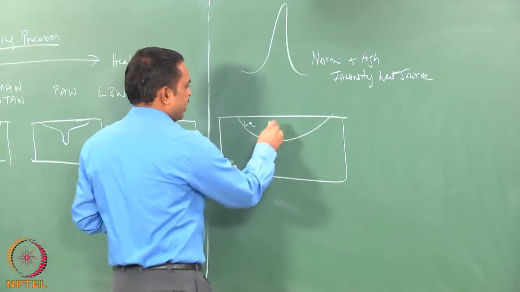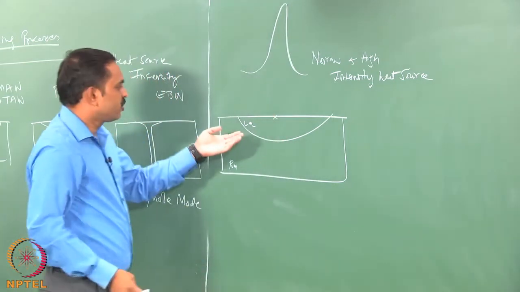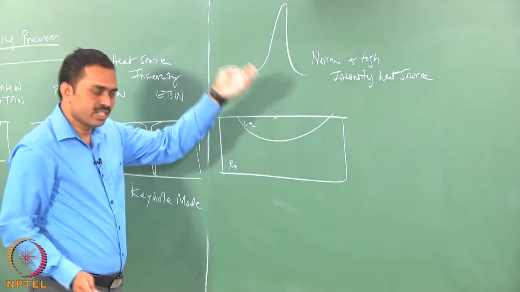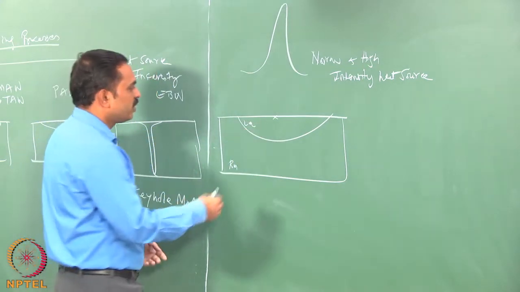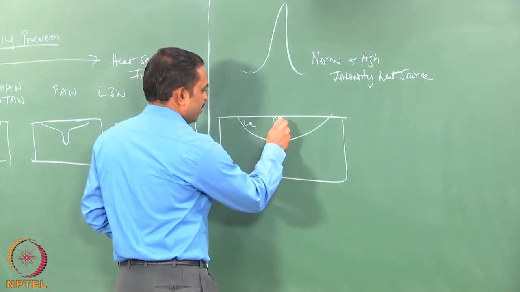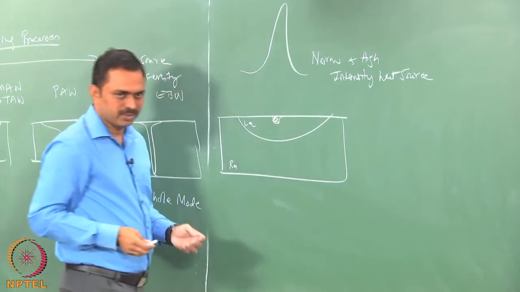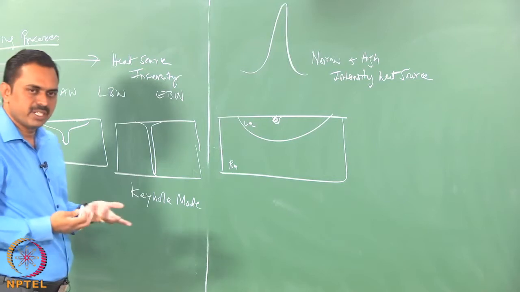At locations here the temperature is going to rise several hundreds of Kelvin above the melting temperature of the material, and soon there may be a situation where some amount of vapor is formed, because the temperatures are so high that evaporation has started.